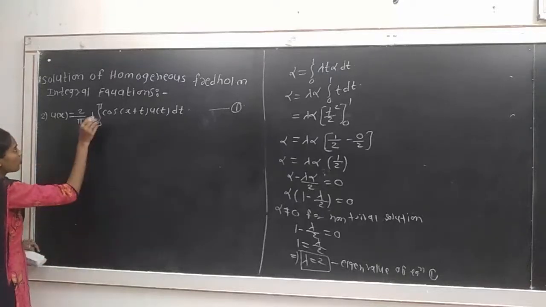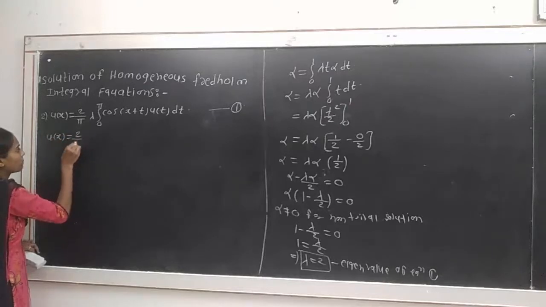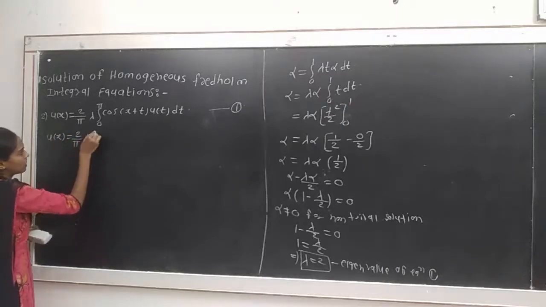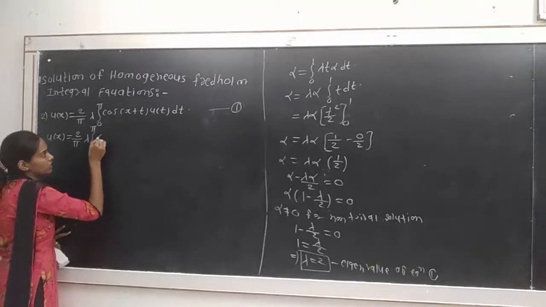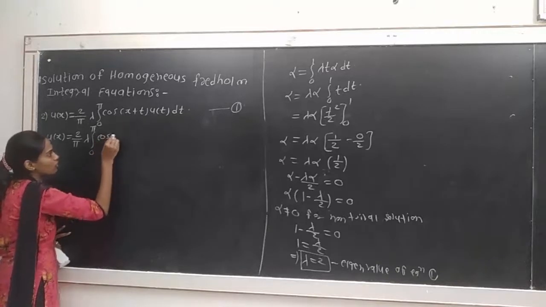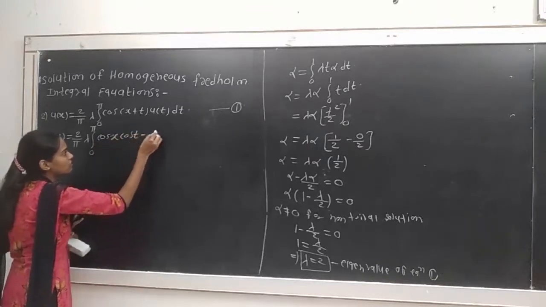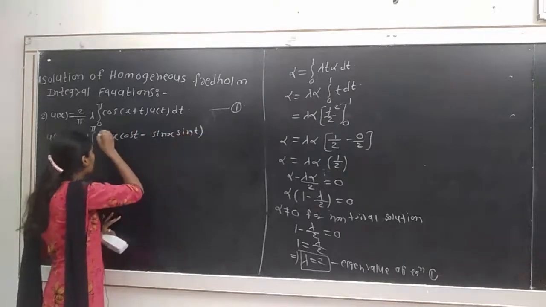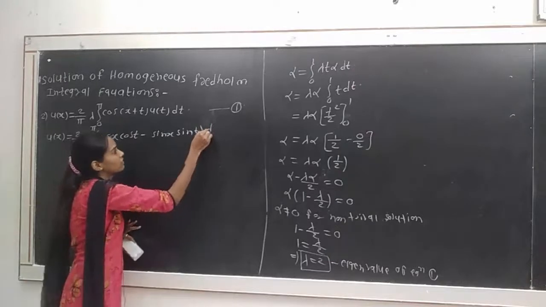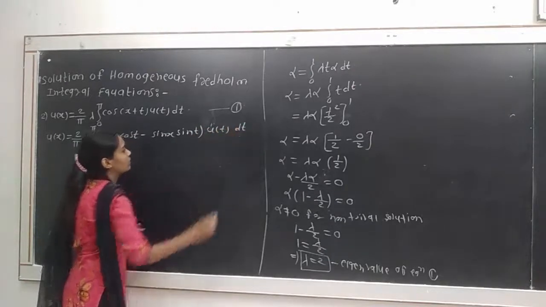So we write first u(x) equal to (2/π)λ integration from 0 to π. We write here the formula of cos(a+b), that is cos x cos t minus sin x sin t, in bracket u(t) dt.